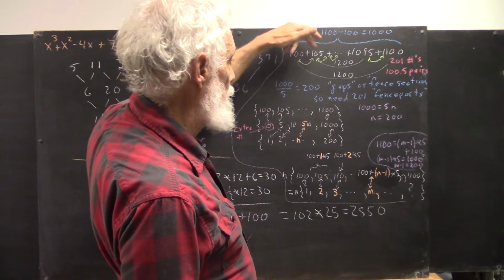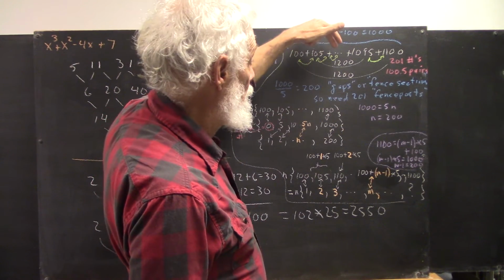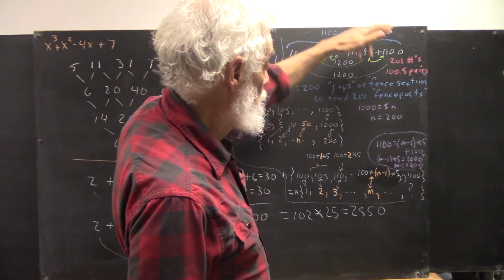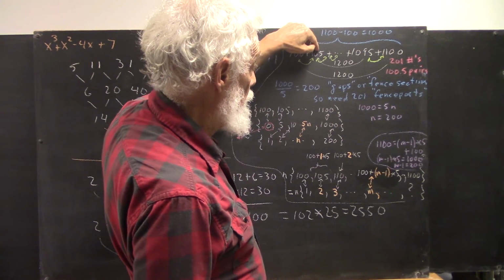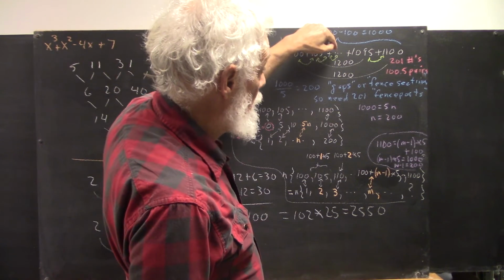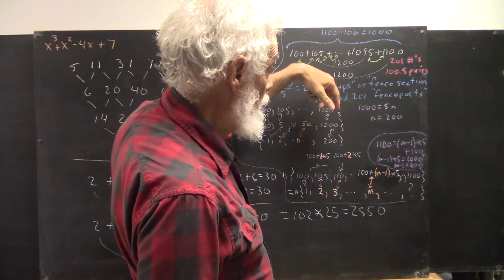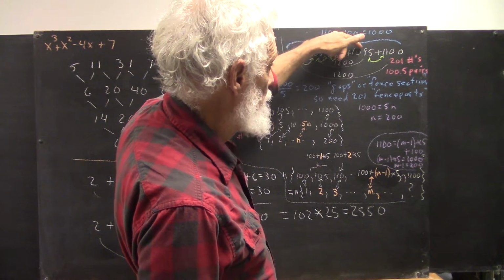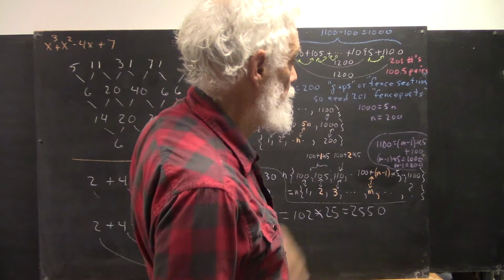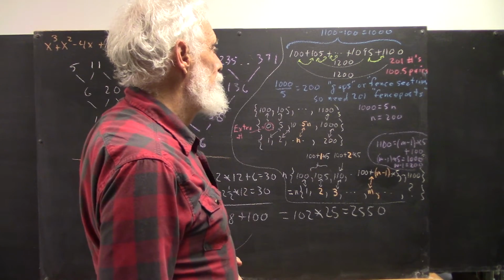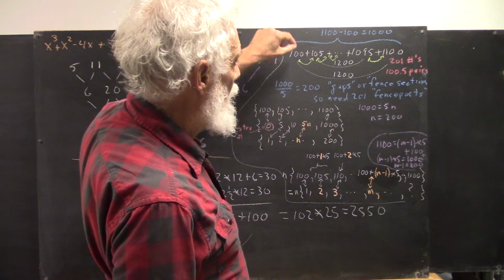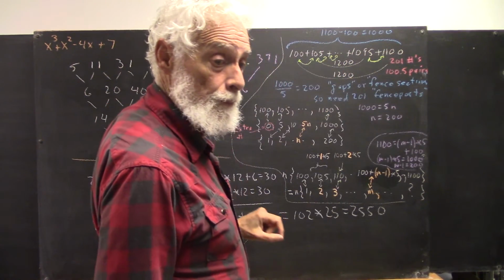Okay, so we start with a 5, and then 110, 115, 120, and so forth. So starting from here, we make a jump of 5. Then we make a jump of 5, and another jump of 5, and then finally we get up to 1,095, another jump of 5 gets us to 1,100. Okay, so what I'm saying now is there are how many jumps from here to here?